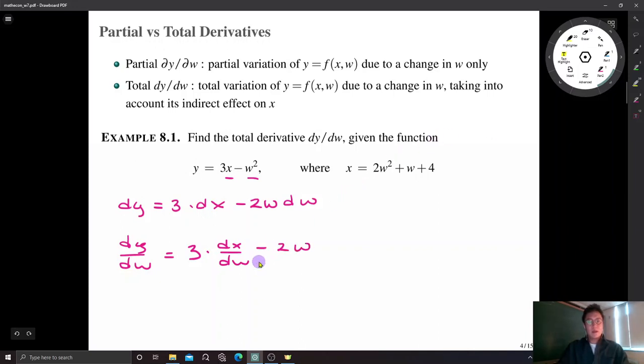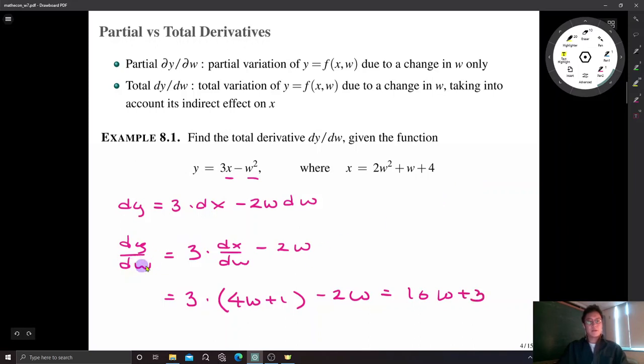Okay, then there is some relationship between x and w. So dx over dw, the derivative with respect to w, gives me 3 times 4w plus 1 minus 2w. So in total we have 10w plus 3.